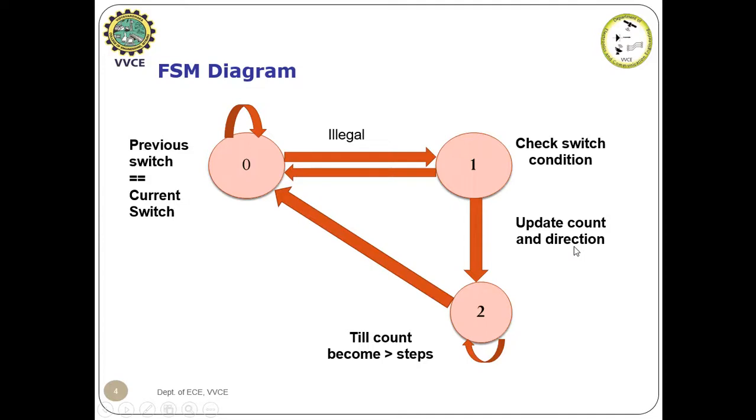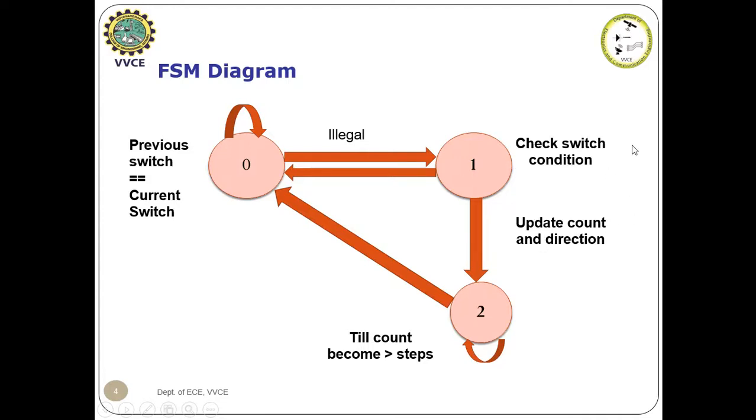If the direction is 0, the motor will rotate in anti-clockwise rotation depending on the count value. If the direction value is 1, the count value should be given to the respective variable to rotate the motor in clockwise direction. So we have to update this count value and direction value depending on the switch configuration.